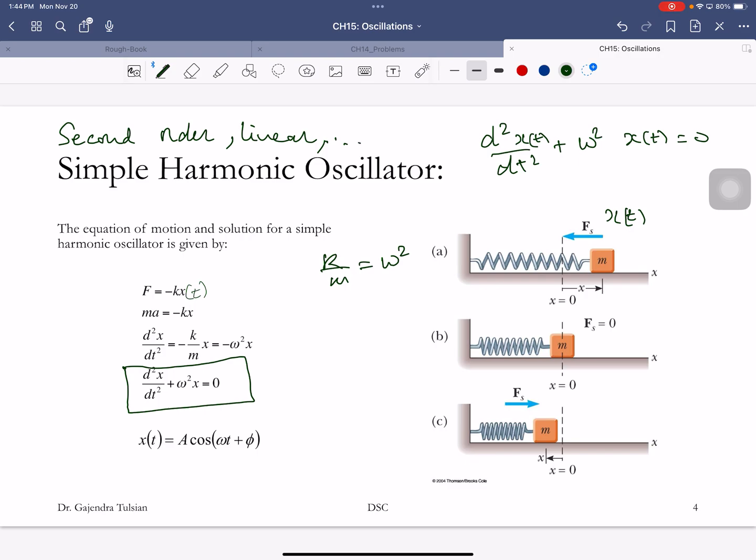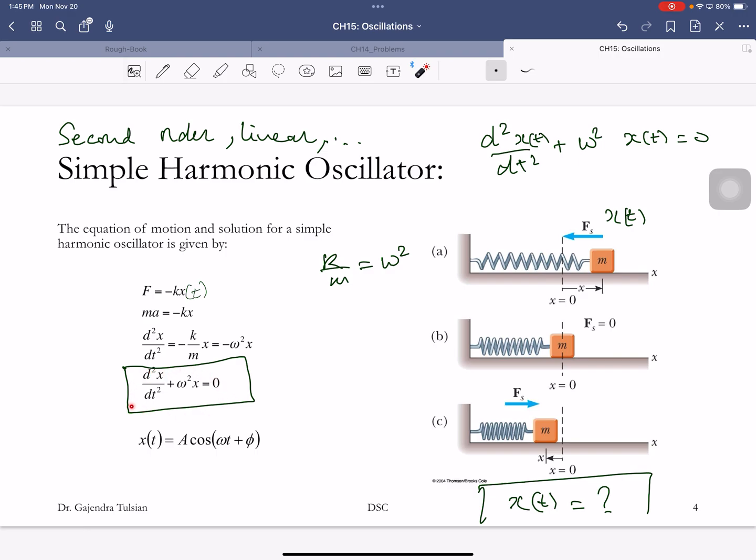So again, what are we interested in? We want to know where the mass is at all times. This is what we want to know. So what we have to do is solve this differential equation. Solving a differential equation, a lot of it is trial and error, but you learn techniques to solve it.